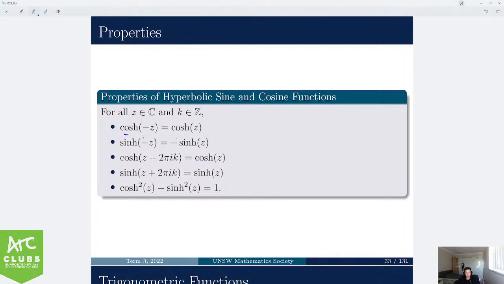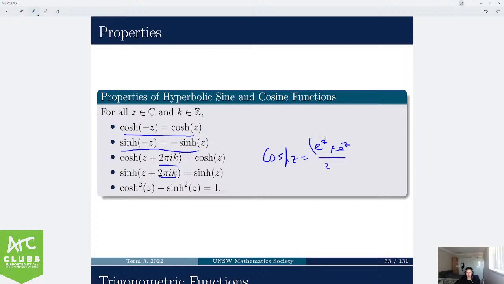Properties: cosh is going to be even, sinh is odd, so we get these two equations over here. And notice again, these also carry over from our real functions. Cosh is periodic every 2 pi i k, and same with sinh. Mainly because, remember, cosh of z is the same as e to the power z plus e to the power minus z over 2.